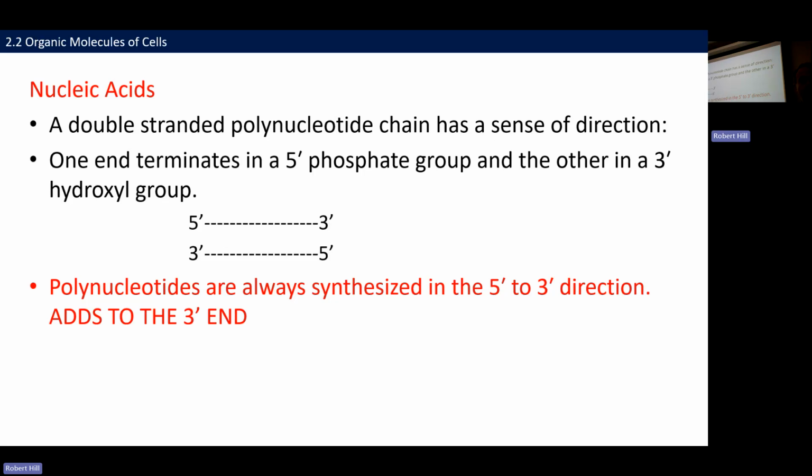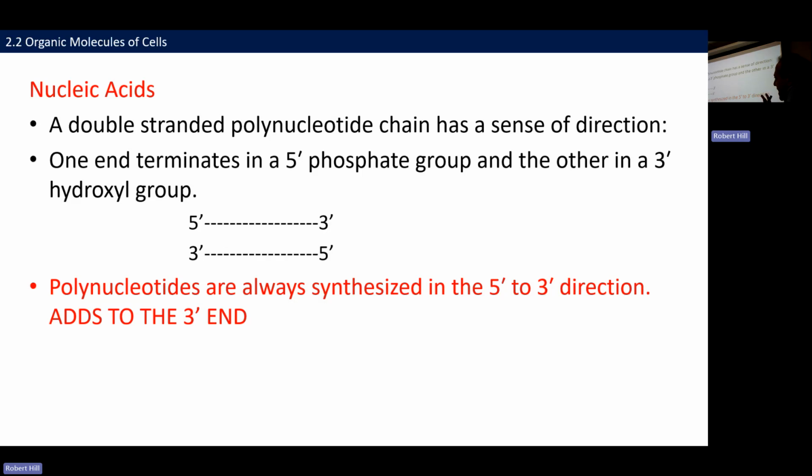So as nucleic acids polymerize, you basically have nucleoside, phosphate, nucleoside, phosphate, and so on. The way the ring is structured on the ribose or the deoxyribose, the phosphate group is attached to one specific carbon, and the hydroxyl group on the other end of the molecule is attached to a different carbon.